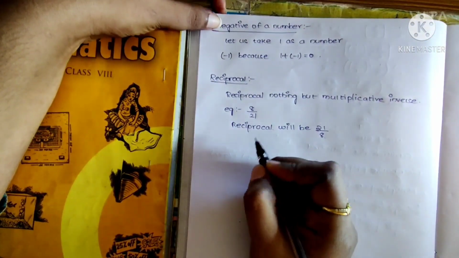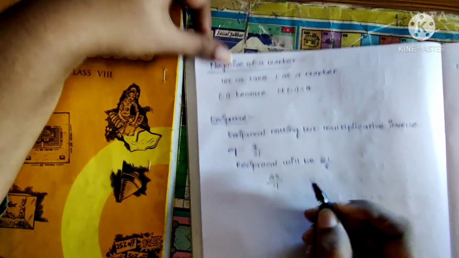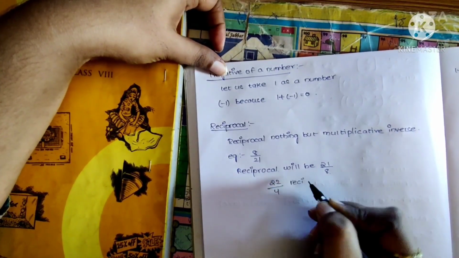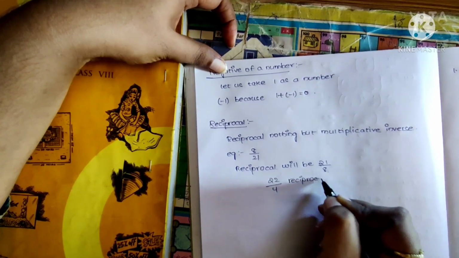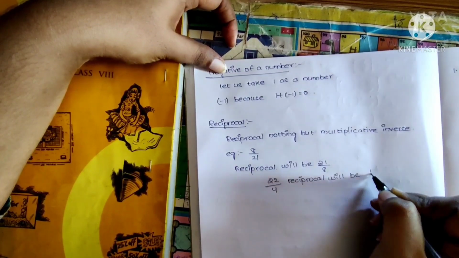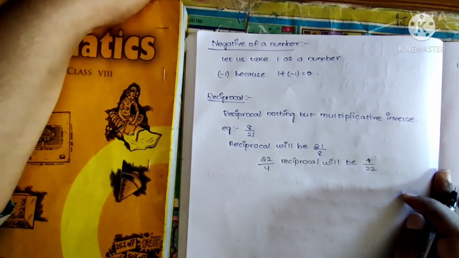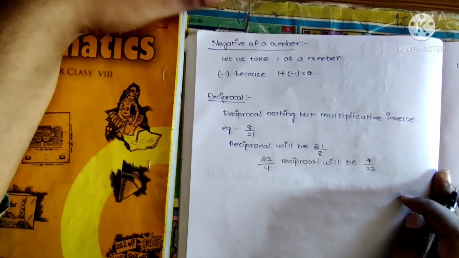Now let us see another example, that is 22 by 4 and the reciprocal will be 4 by 22. For any rational number, the reciprocal is the reversing of the number.